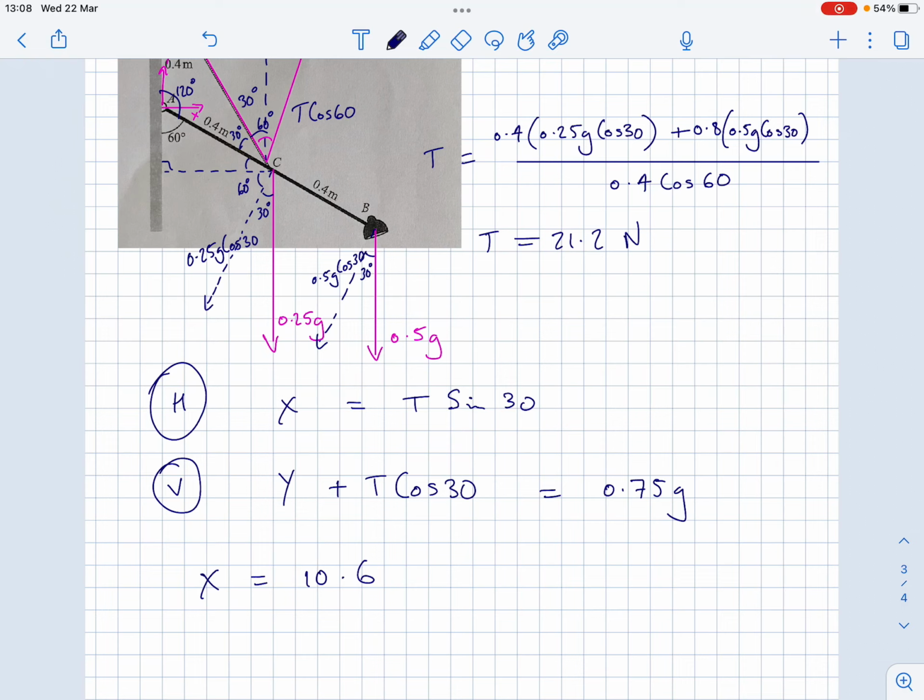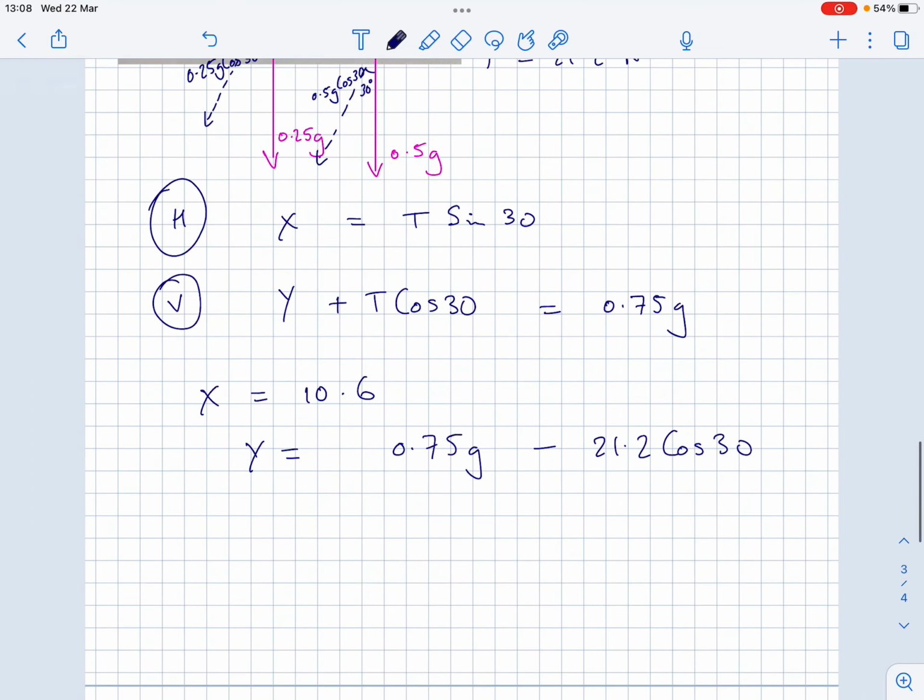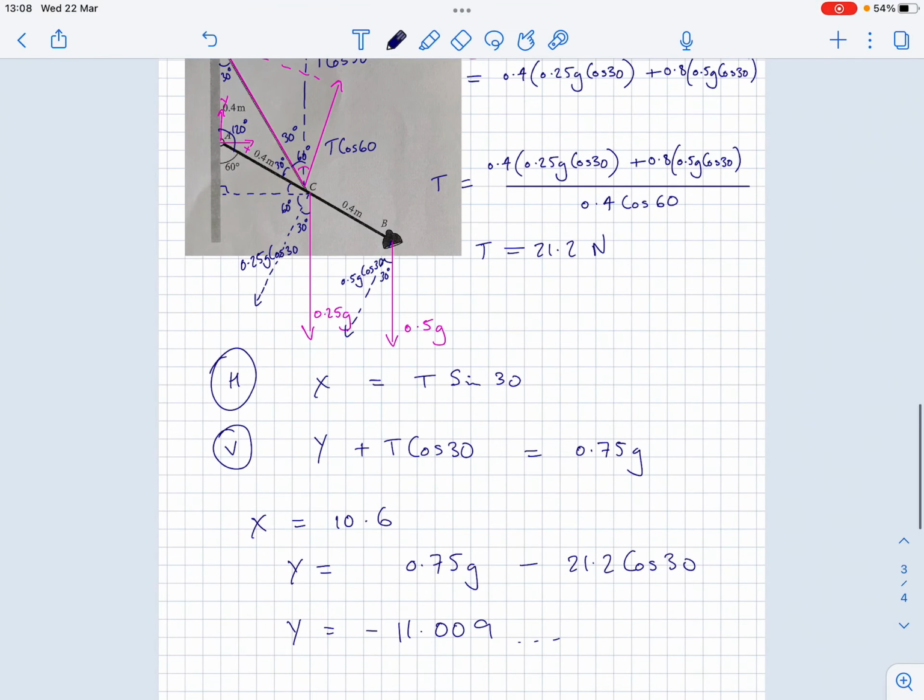Obviously it's the vertical. Y is going to be equal to 0.75g minus 21.2 cosine 30. And when we do that, I get negative 11.009 or whatever. Now, what that means in context is I've actually guessed the wrong way.